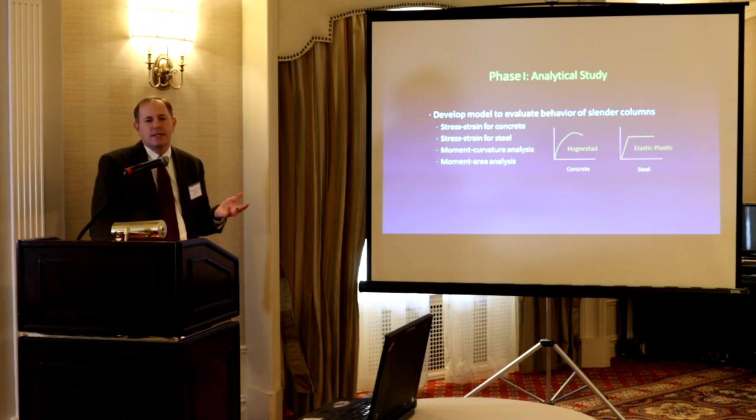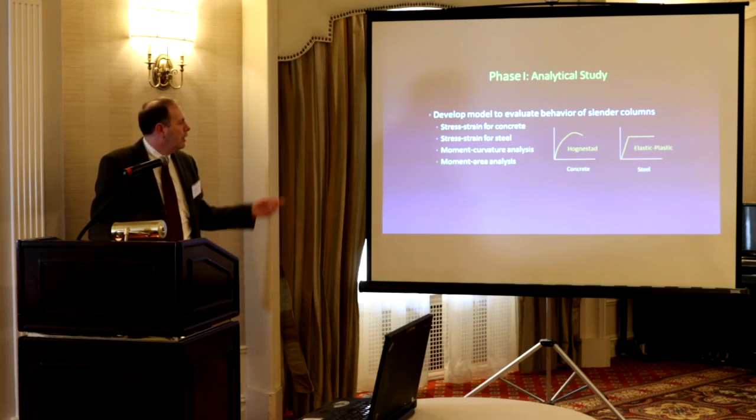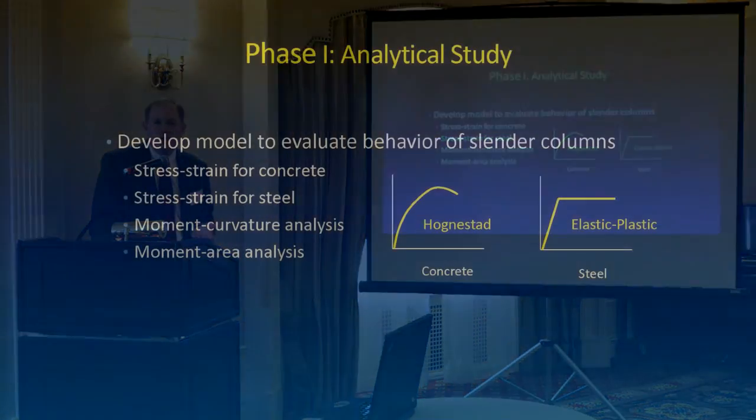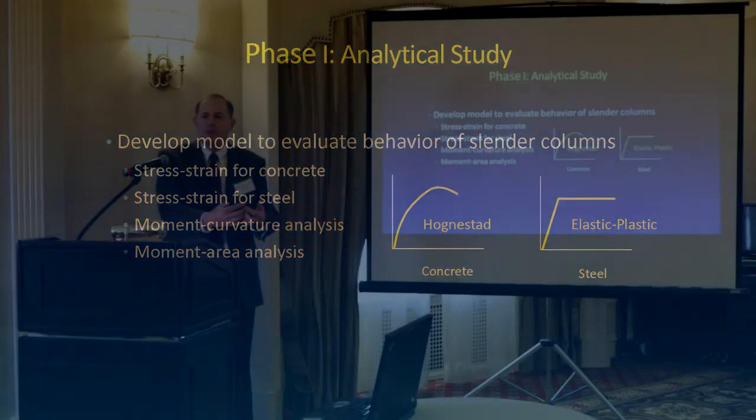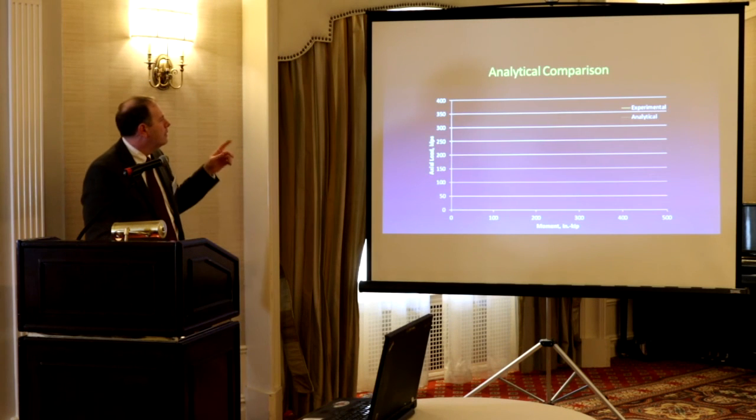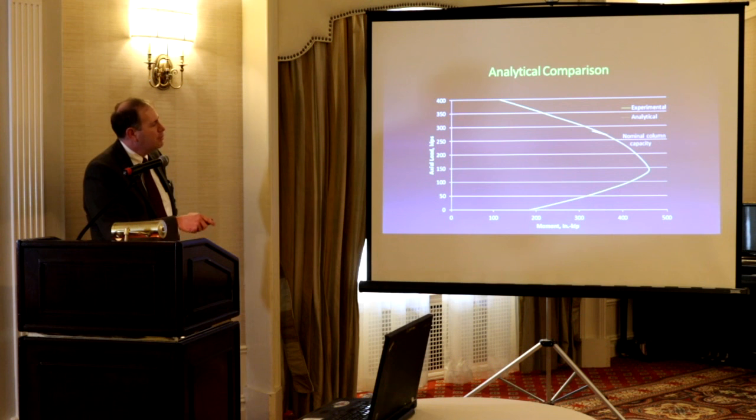We're looking at grade 60, which was the focus of this work. Using moment curvature, standard analysis procedure, and then we use moment area to actually calculate deflections. So we didn't try to fit curves, just using basic assumptions, see what we can do. So let me just show you what we can do. So this is the nominal capacity, we generate that.